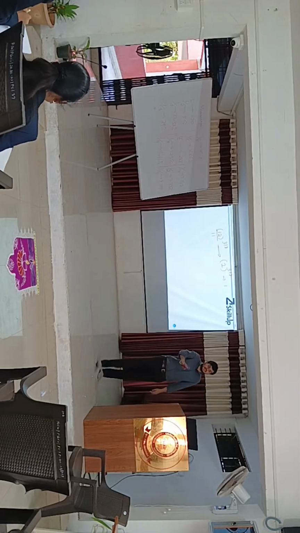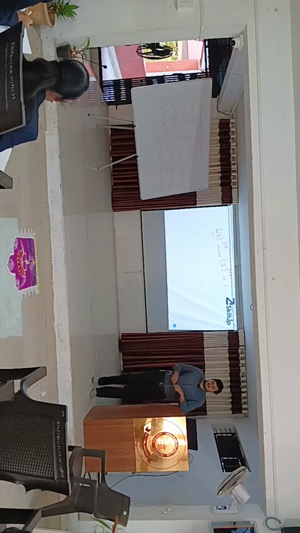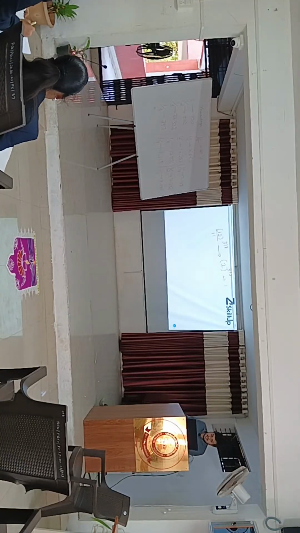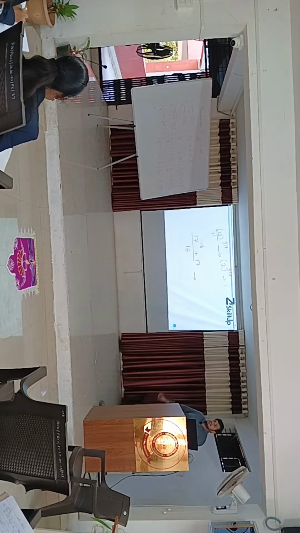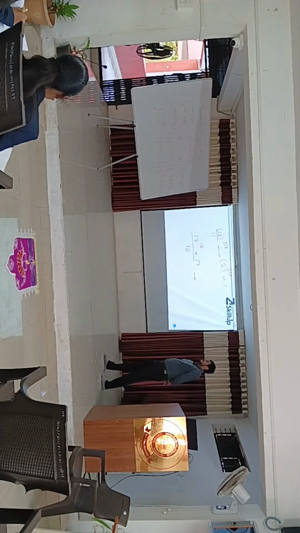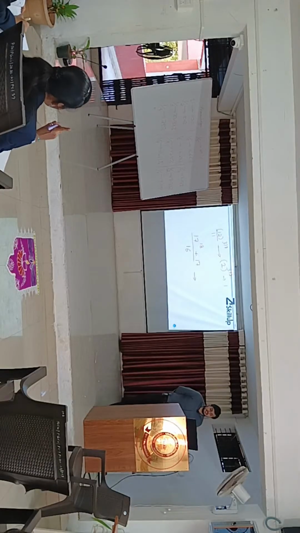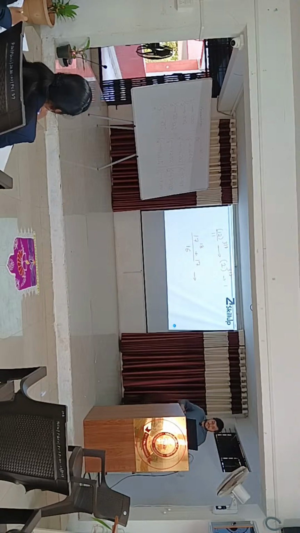In short, this is the remainder thing. How questions will come is, they will give you this: 17 power 18 plus 17 divided by 16. So I'll split it in two parts.